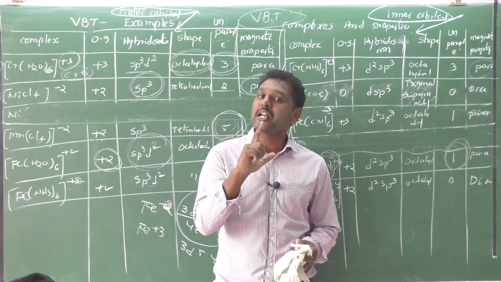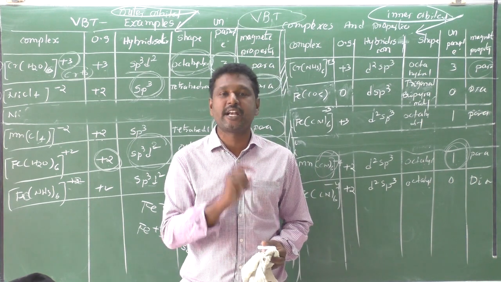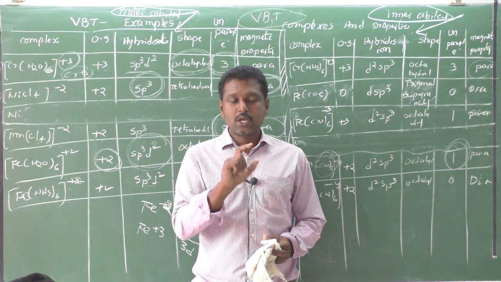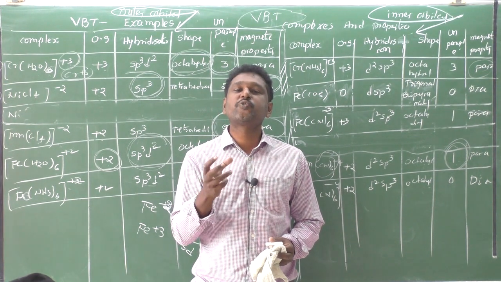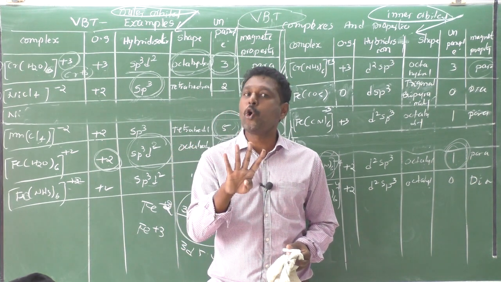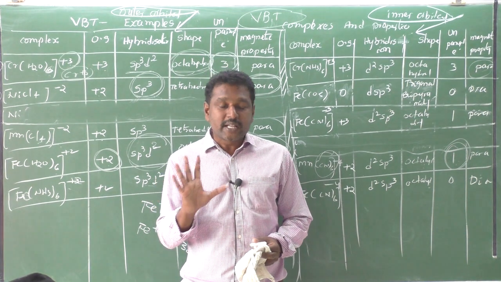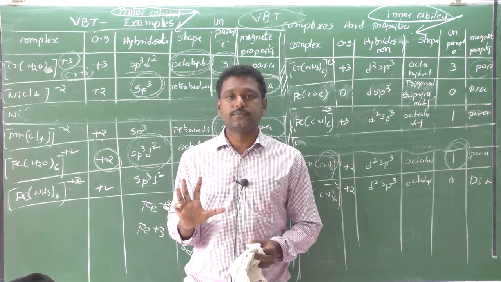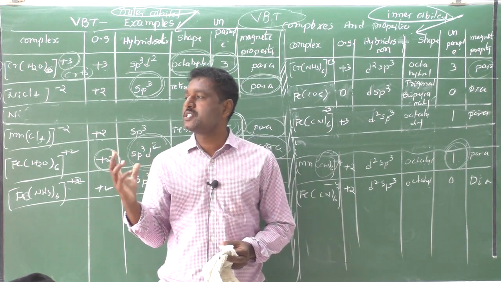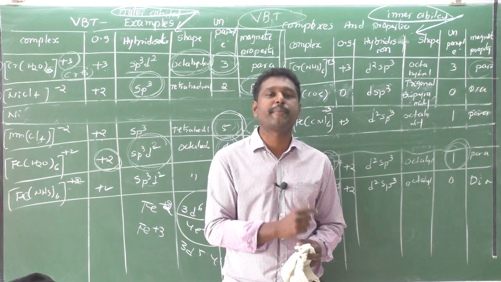In case of metal carbonyls, CO is there, and maximum compounds exhibit tetrahedral shape with coordination number 4, with sp3 hybridization.